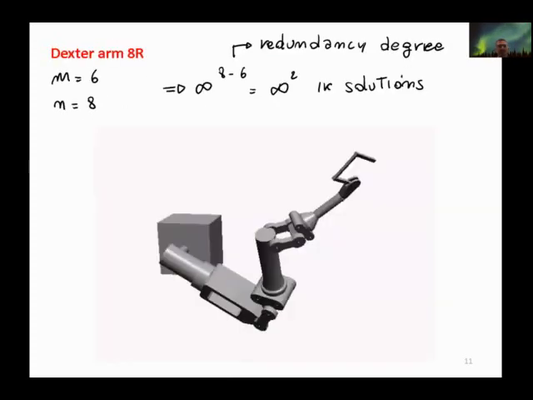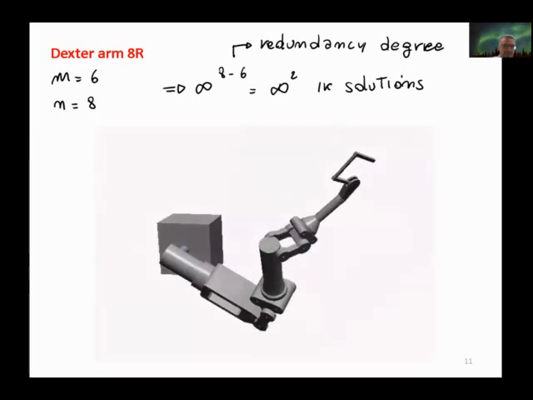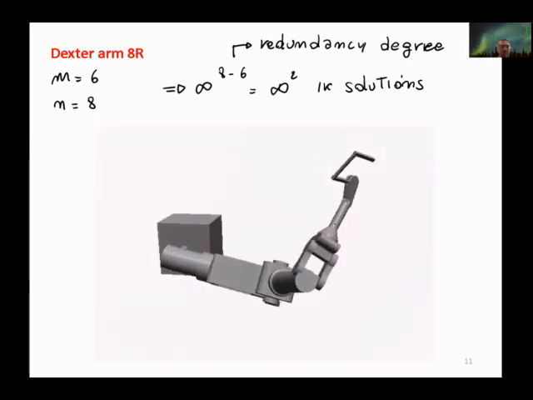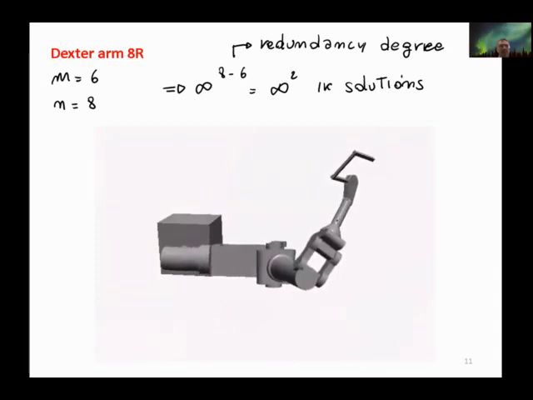And we can see here in this video a Dexter arm robot with 8 revolute joints, and we see that self-motion.